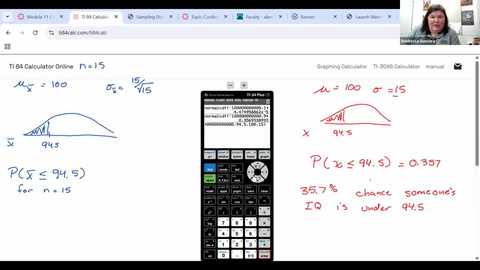I'm going to do second enter. All right, so I can change it right in here. The distribution number 2, everything's the same except now my standard deviation is going to be divided by the square root of 15.